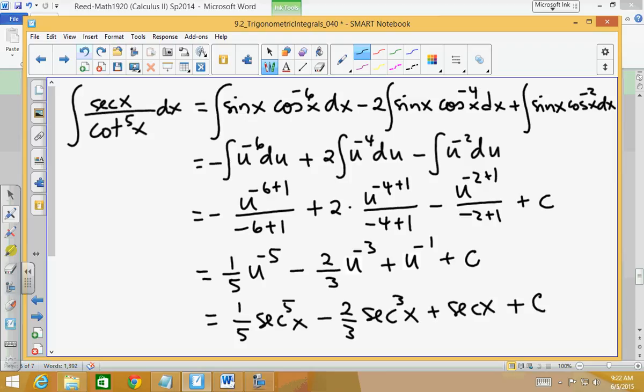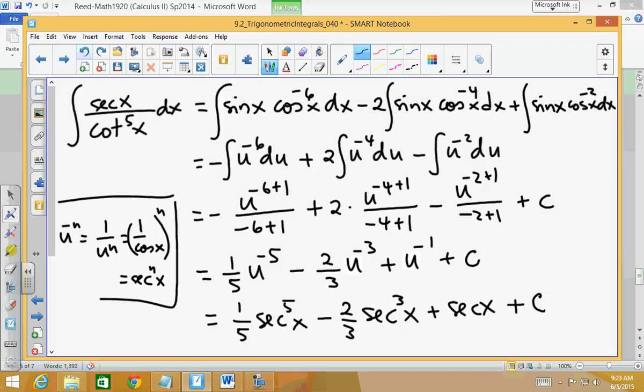Now, the reason is that u to the negative n is 1 over u to the n, that means 1 over cosine x to the n, that means secant to the n x, for any positive integer n. And this concludes the problem.